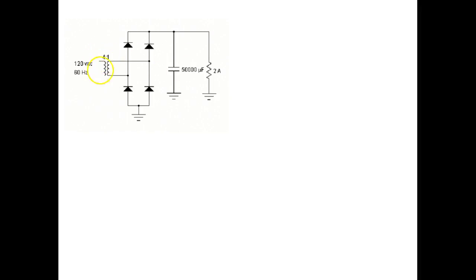So this is a divider, a step down transformer. I'm going to calculate the V secondary, and that's going to be equal to 120 divided by 4. What do we got? 30.